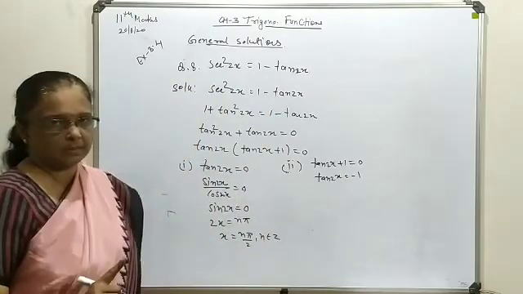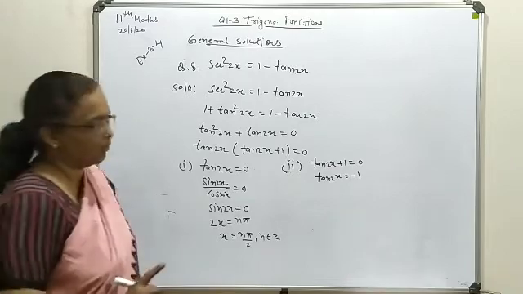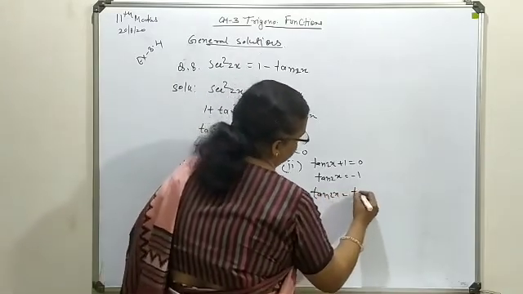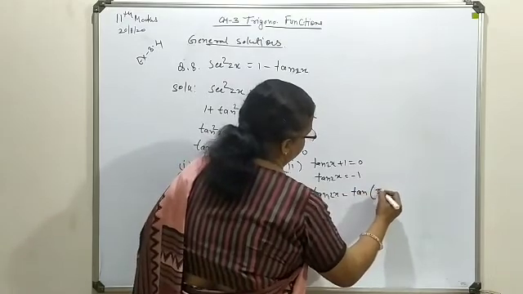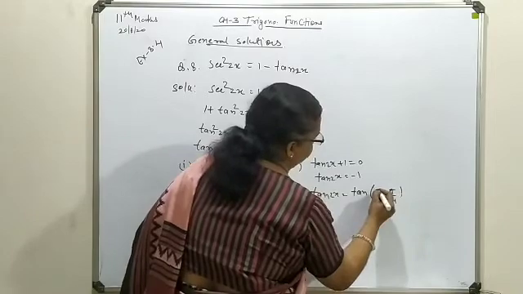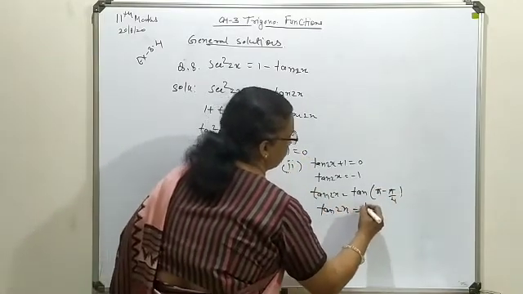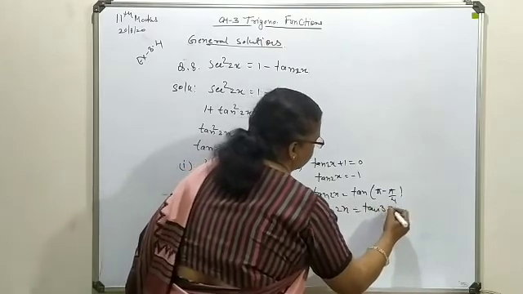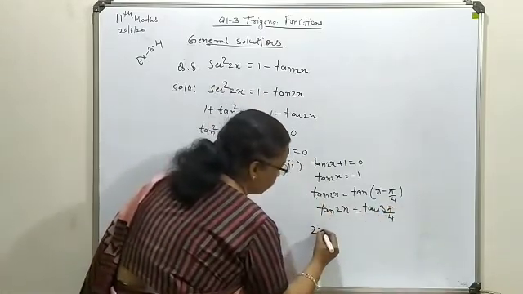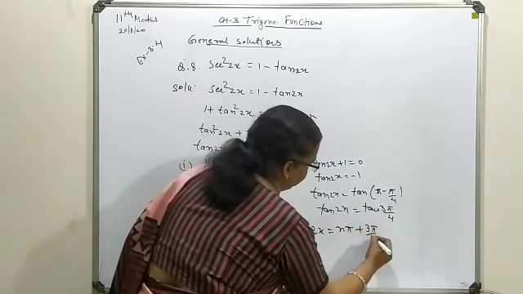So the first possibility is pi minus pi by 4. Here tan 2x is negative in the second quadrant. That's why pi minus pi by 4 means 3 pi by 4. General solution for tangent: 2x is n pi plus 3 pi by 4.